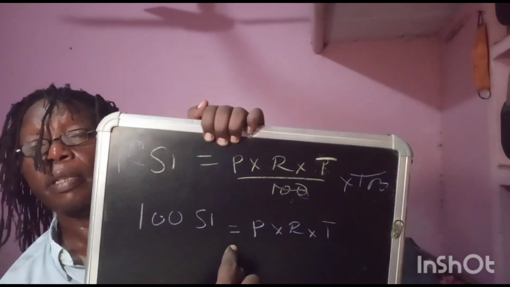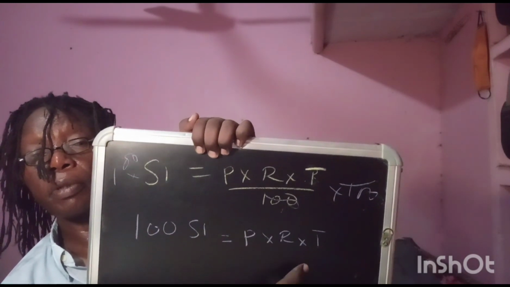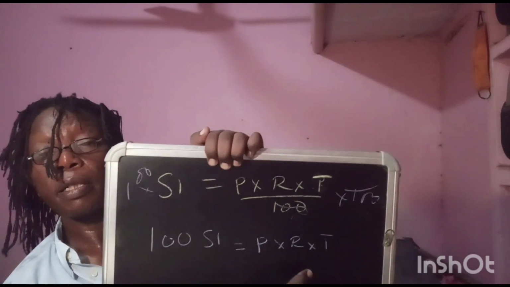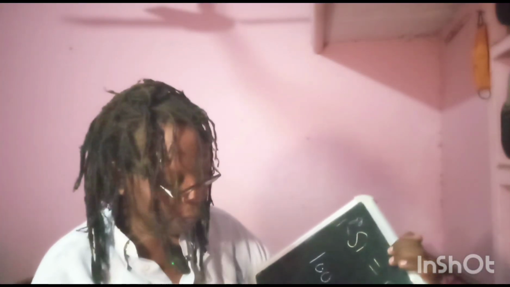Now we want to isolate the rate, which is R. What do we do? We divide by time and principal. So we'll have only R equals 100 times SI over PT.